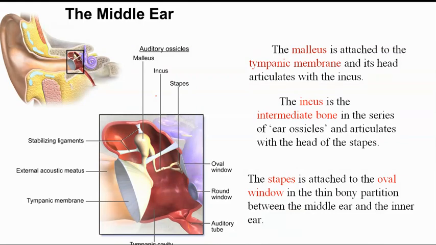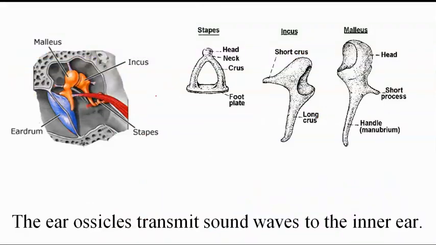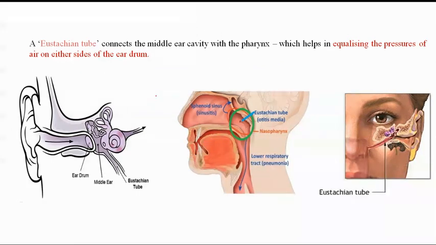So between the middle ear and the inner ear, you have the thin bony partition, whereas between the middle ear and the external ear, you have the tympanic membrane or eardrum. So here these are the exact shapes, and in this you find the smallest bone of our body, that is the stapes. So these bones are involved in transmission of vibrations.